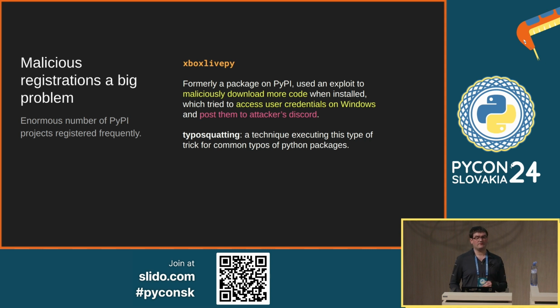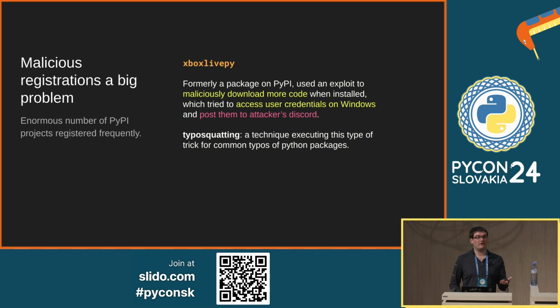A good example was this one, Xbox Live Pi. It was discovered as part of a scan of lots of Python packages recently, and it targeted Windows machines. And you can see as well that it was targeted very much towards residential, maybe young coders that are trying to do projects that might appeal to them and integrate with Xboxes and the Xbox API and so on.